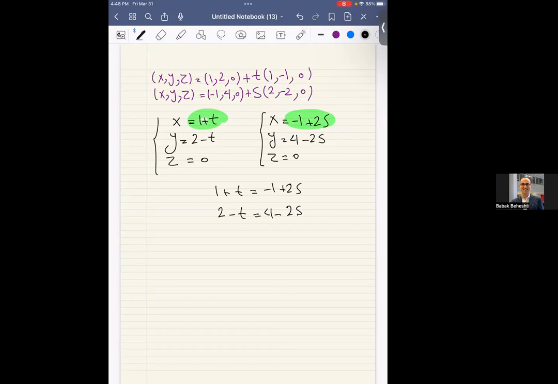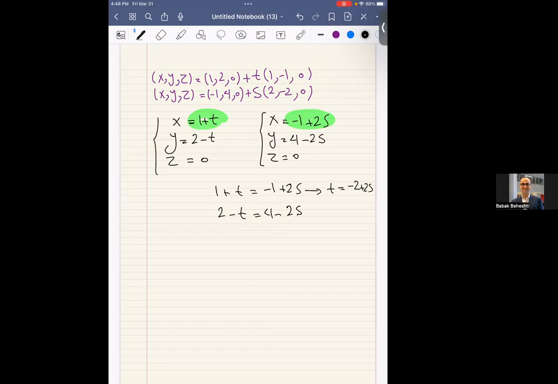Okay, now what is the solution to the first equation? For the first equation, you can write t in terms of s. For example, from the first equation, it follows that t equal to -2 plus 2s.